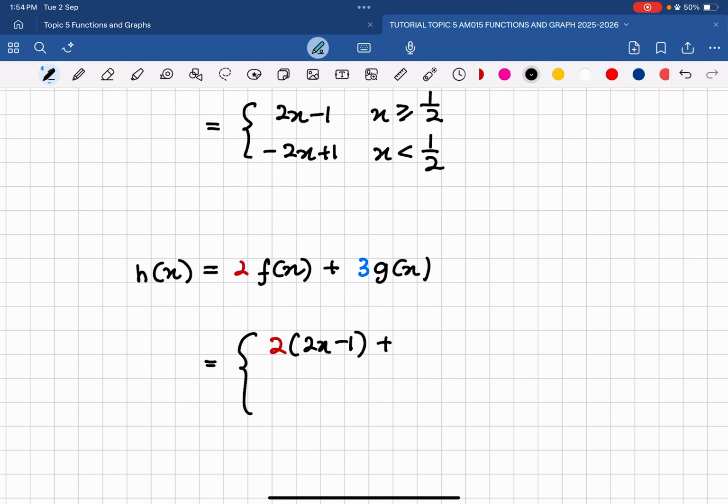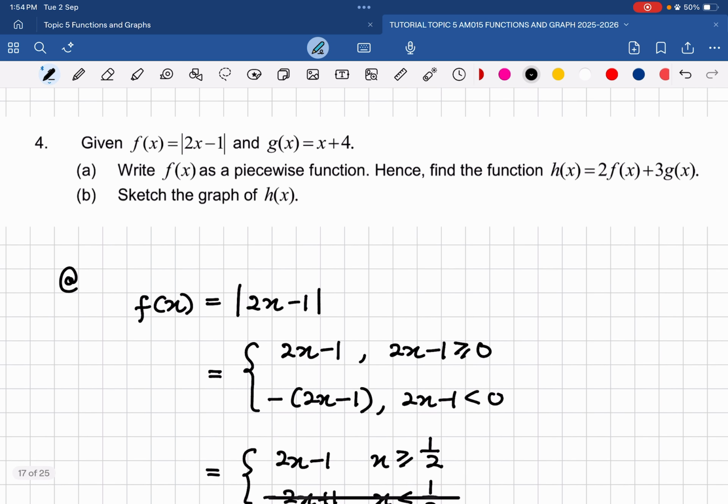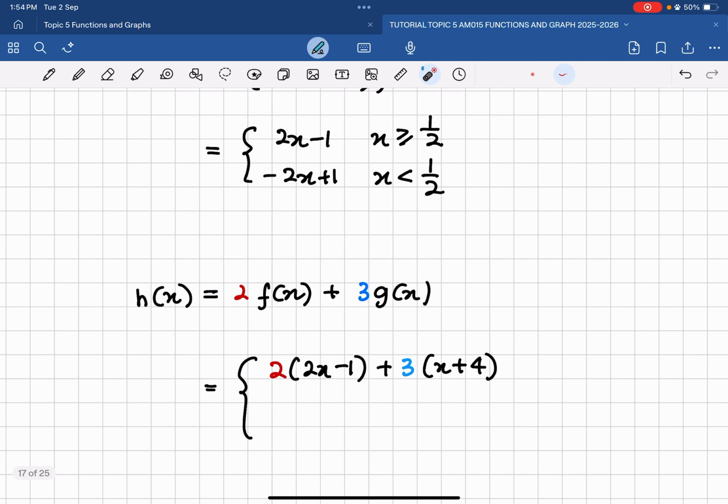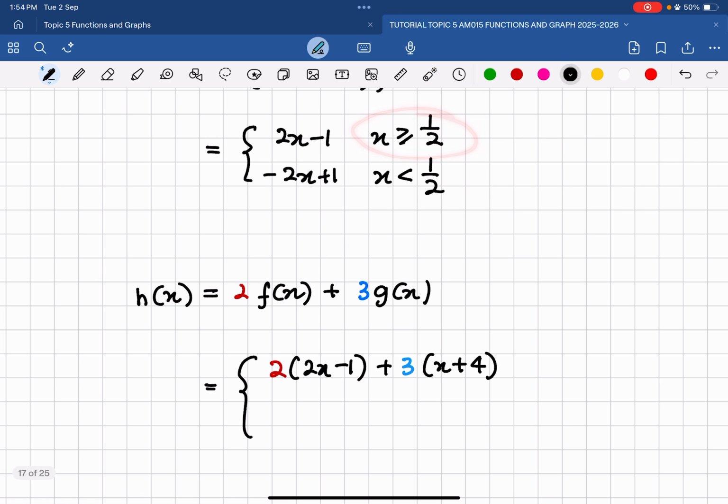So plus 3 times g(x), and g(x) is x plus 4, so 3 times (x plus 4), and the interval follows: x greater than or equal to 1 over 2.